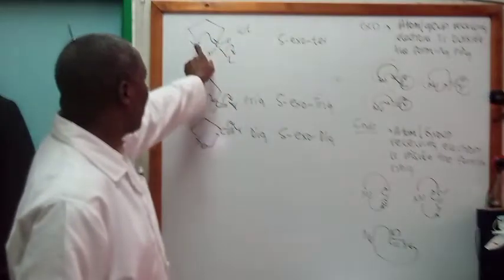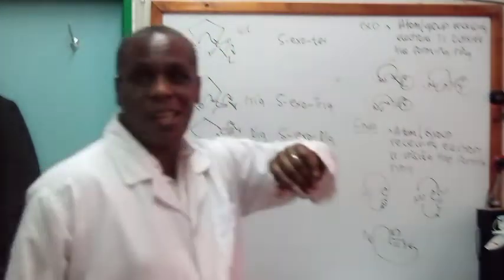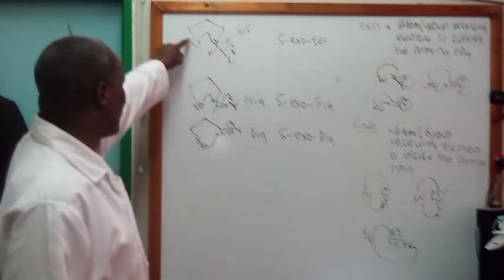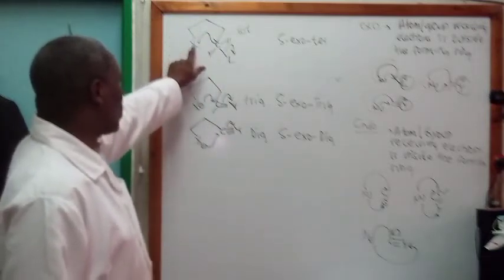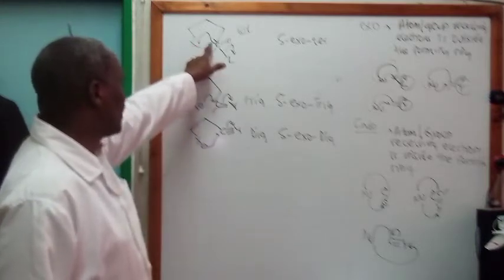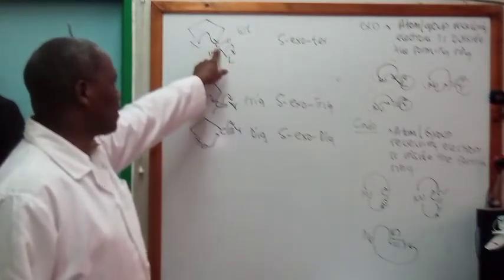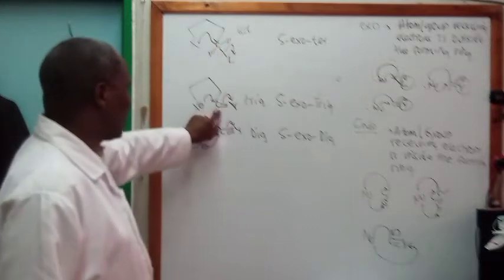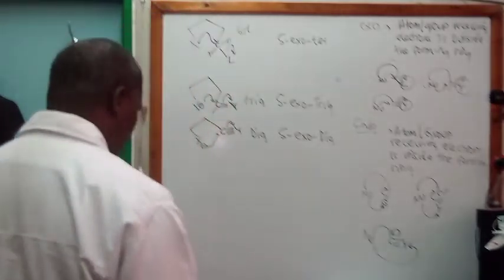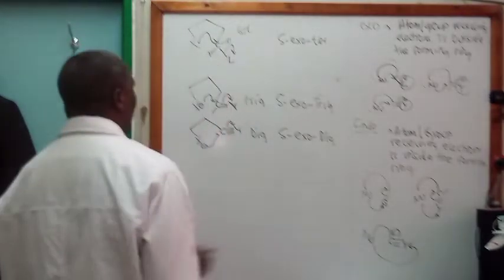What can you see here? I've just drawn a 5-membered ring in this case here. So X is the nucleophile, which has got electrons. Here is a carbon, this is a tetrahedral carbon.